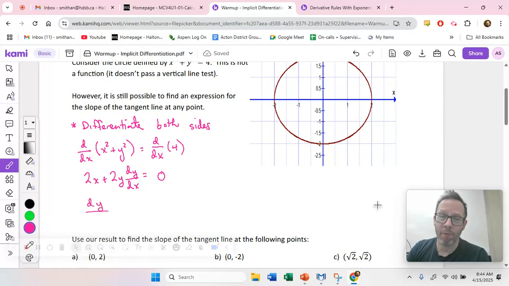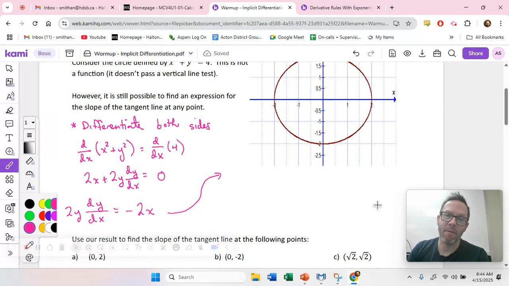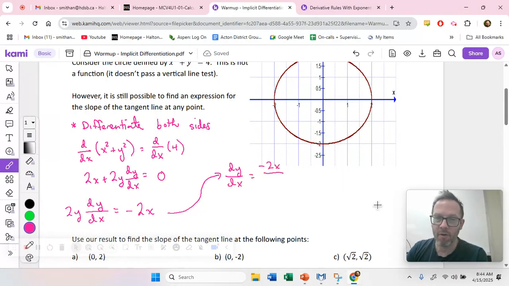We have the space here, so I might just do this in a couple of steps. So we have 2y. We'll bring over the negative 2x. And then we have dy by dx by itself. It's negative 2x over 2y. And of course, we can simplify this just to negative x over y.